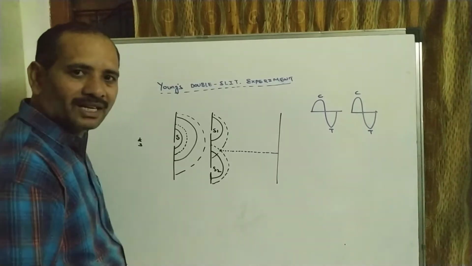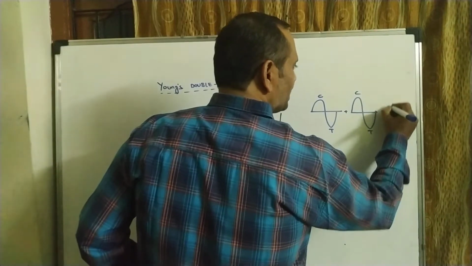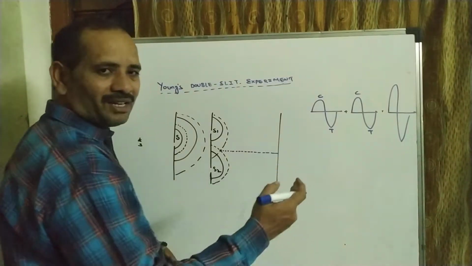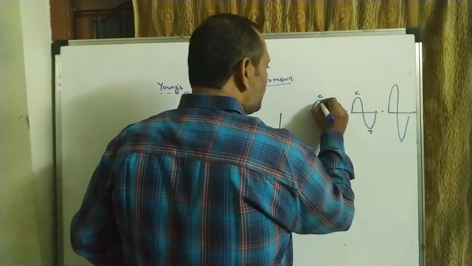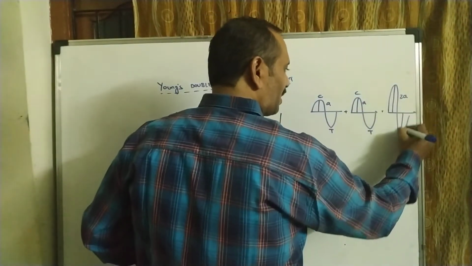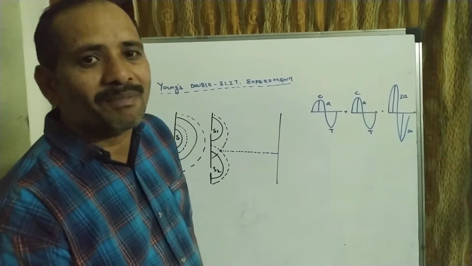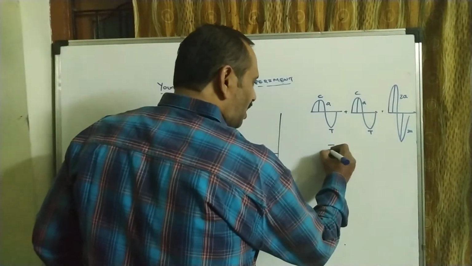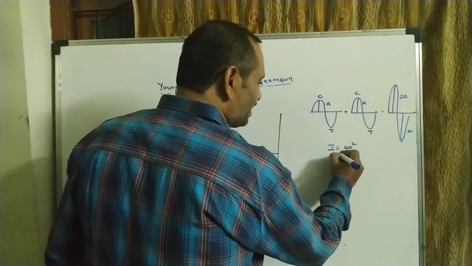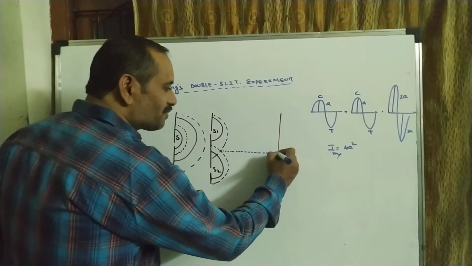Crest with crest superposition causes a rise in amplitude to 2A. C plus C is 2C, T plus T means 2T. Or you can say amplitude is A and this is also A, then I get 2A as the maximum. Crest and crest superposition, trough and trough superposition gives maximum intensity, that is 4A squared, called the maximum intensity bright band. So here trough and trough are superposed: bright band.